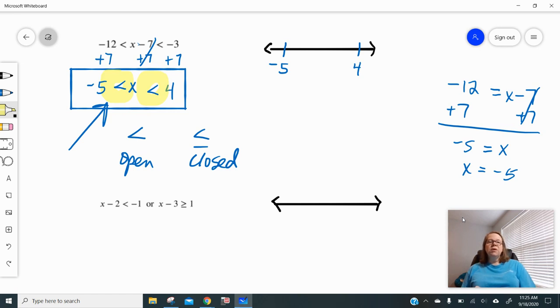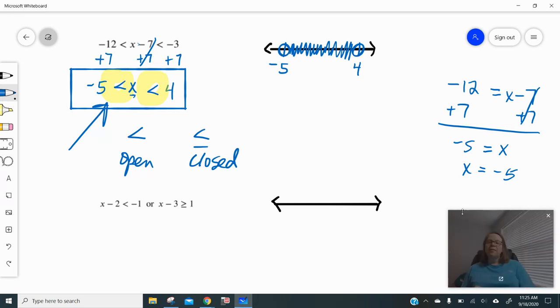So since these are both less thans, we are going to have open circles at both of these places, and x is in between, so you shade in between, which is kind of nice that it works out that way. And so think about it, what you've shaded is showing you that anything in between here is true. So anything in between negative 5 and positive 4 is a solution to this problem.